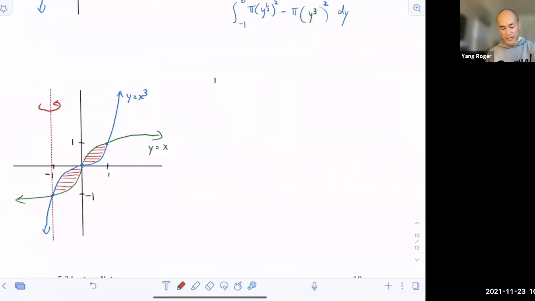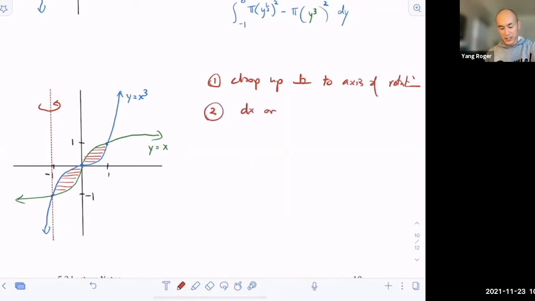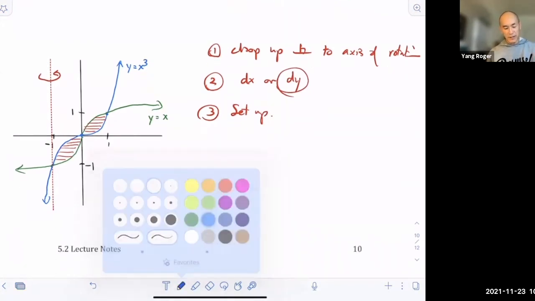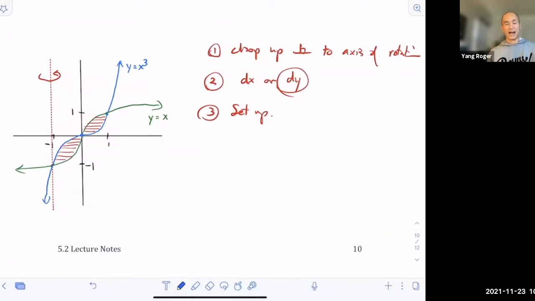So I'm just going to write out the steps again. We chop up perpendicular to the axis of rotation. We just did that. The second question is, is it dx or dy? In this case, it's dy again. The third thing you want to do is set it up. Unfortunately, in this scenario, I am going to have to split it up into two pieces.